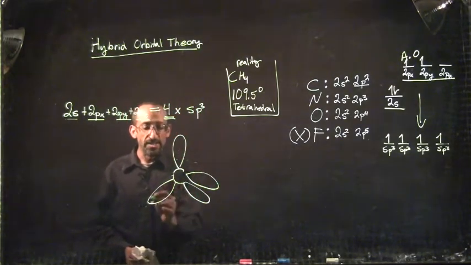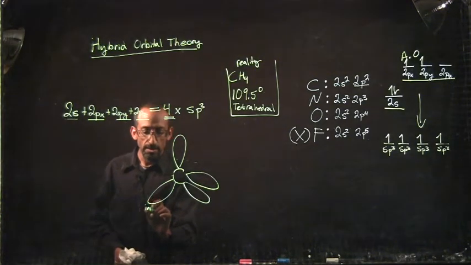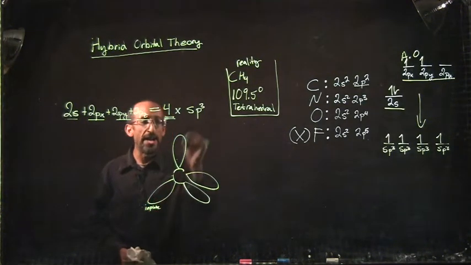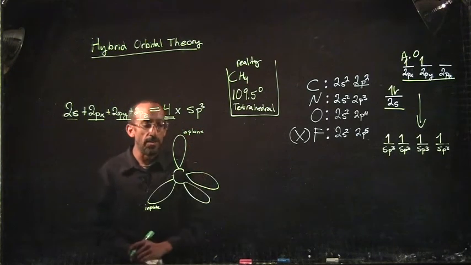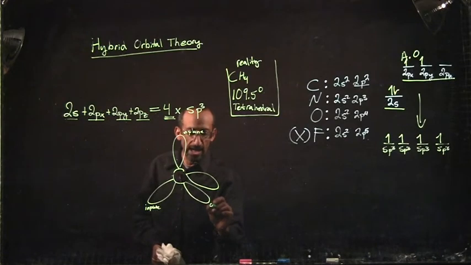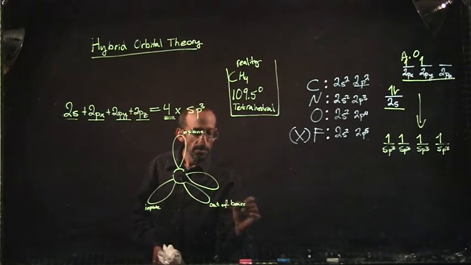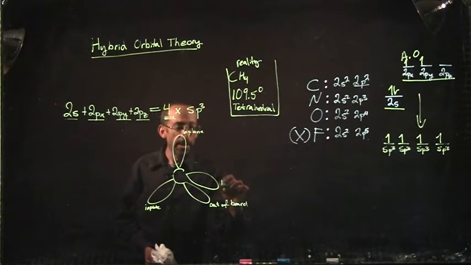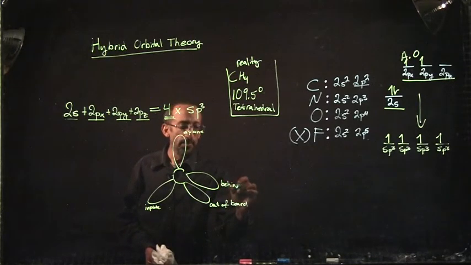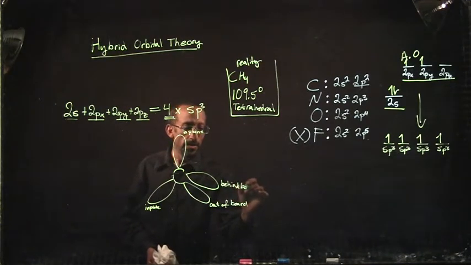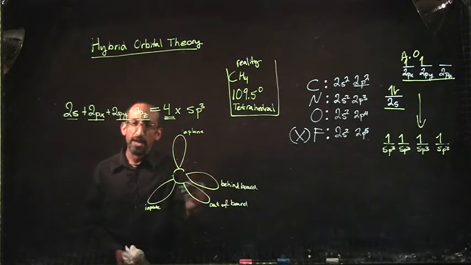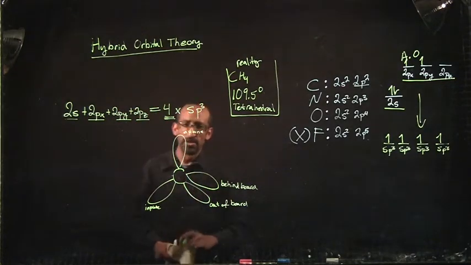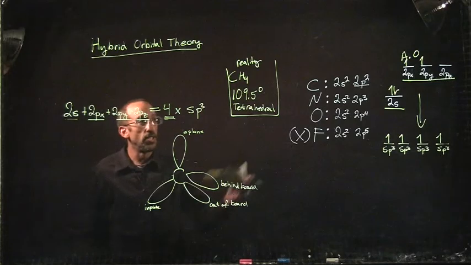You can think of this as in plane with the carbon atom, this orbital as in plane with the carbon atom, this orbital out of the board, and this orbital coming behind the board. And keep in mind that our bond angles, or our angles between electron domains, will be 109.5 degrees.